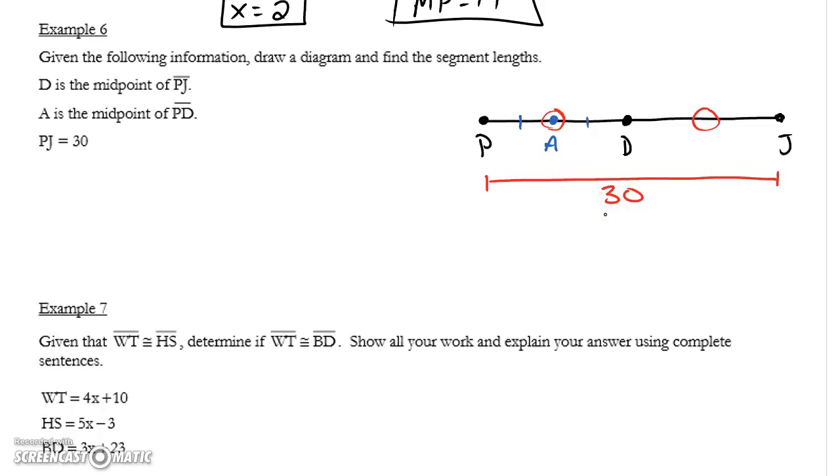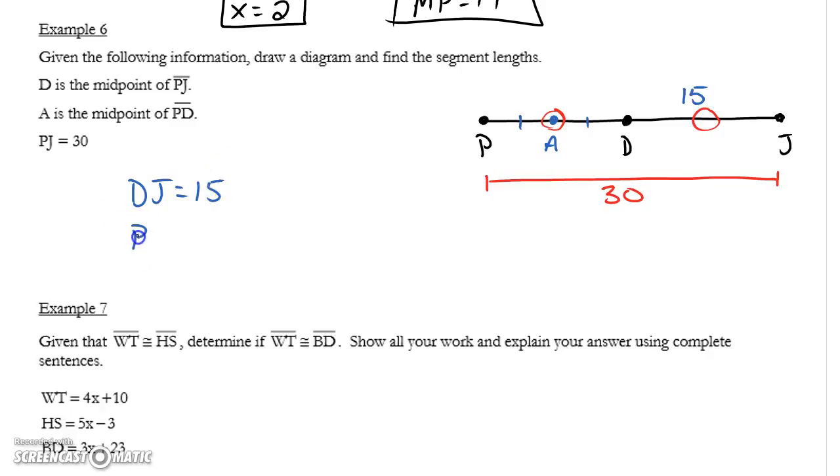They want us to find the length of each segment now. Well, this becomes an exercise in understanding midpoint. I know the whole segment must be 30, and if D is a midpoint, it cuts that segment in half. Half of 30 is 15, so segment DJ has to be 15.